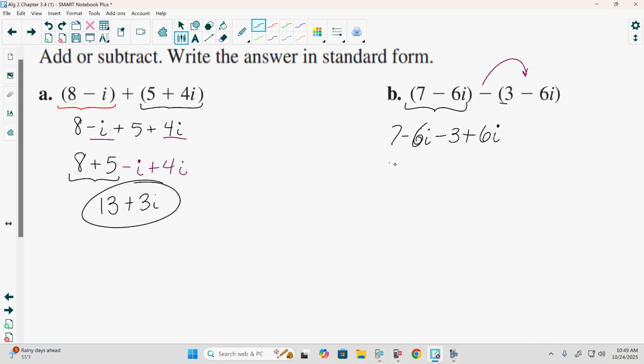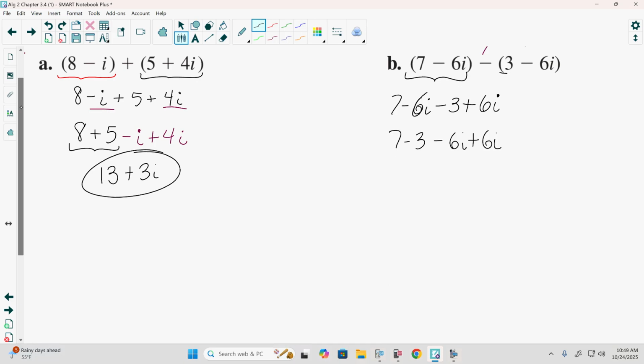Now our real numbers are 7 and negative 3. So we'll subtract those. We have 7 minus 3. And then we have negative 6i plus 6i. Well, what is 7 minus 3? 4. What is negative 6i plus 6i? 0.